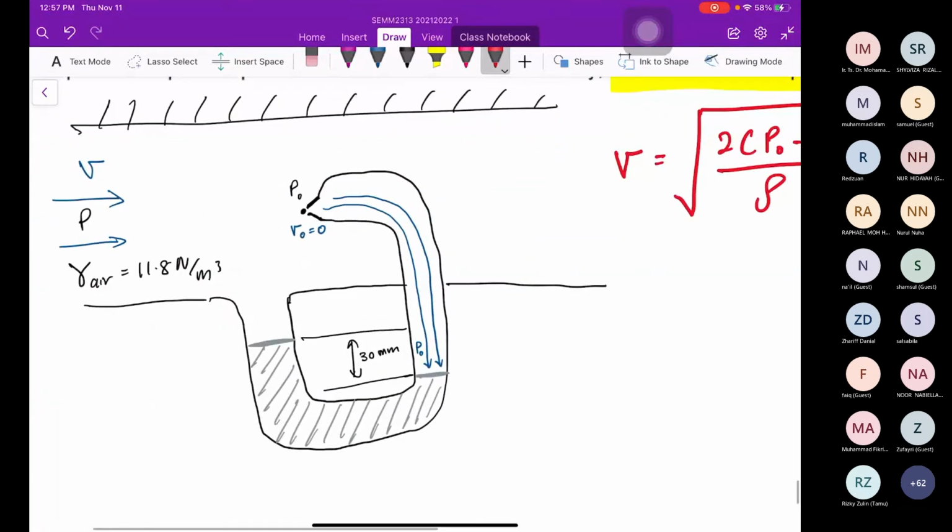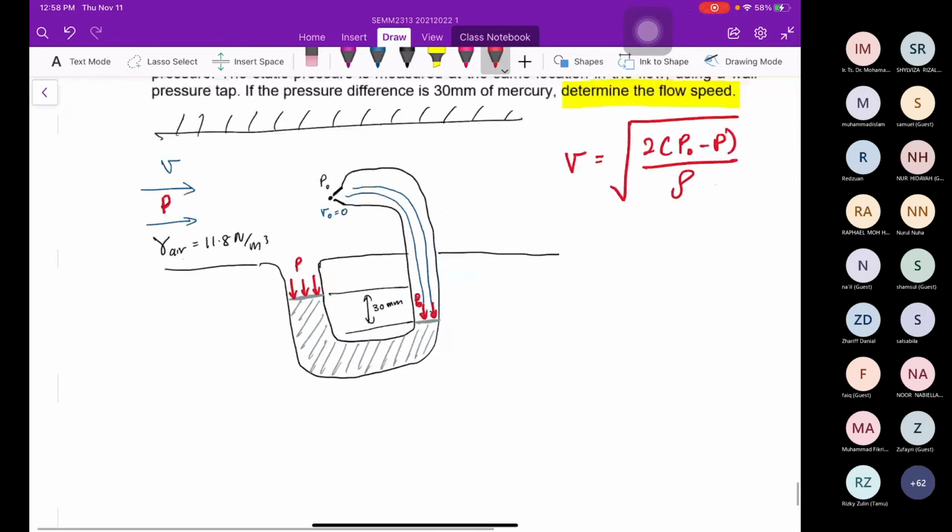Okay. This is pressure also. We have the pressure. This pressure is equal to this pressure. And this pressure is equal to P naught. I believe you still remember, you can see this is like a manometer. We can use the manometer measurement technique.